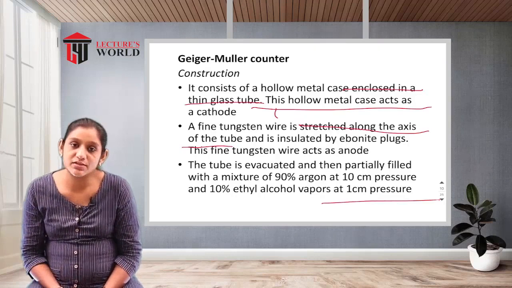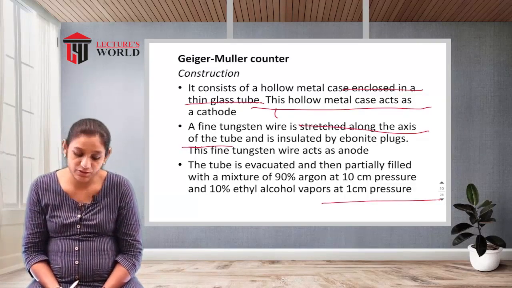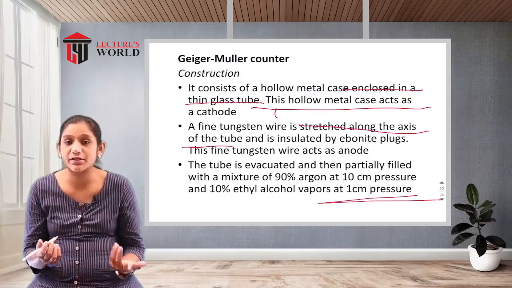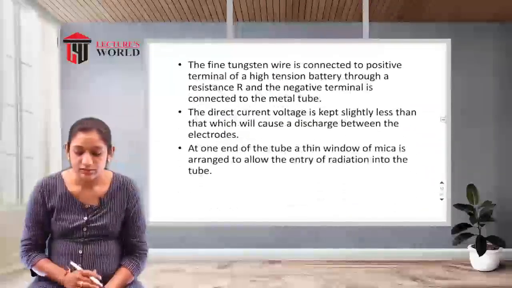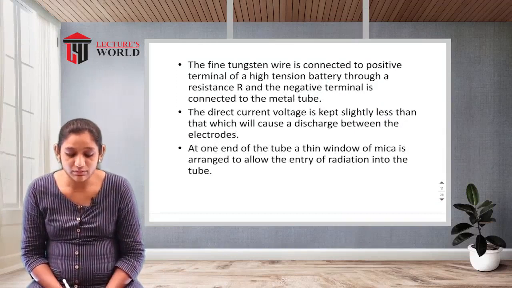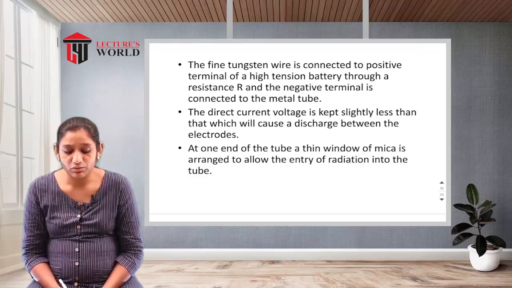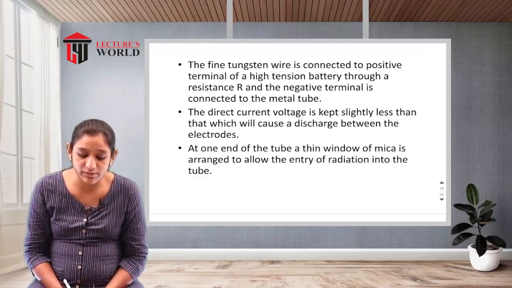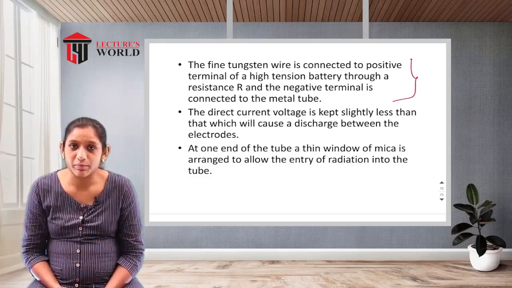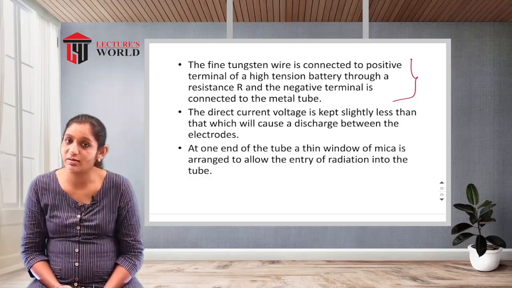The fine tungsten wire is connected to the positive terminal of a high tension battery through a resistance R, and the negative terminal is connected to the metal tube.